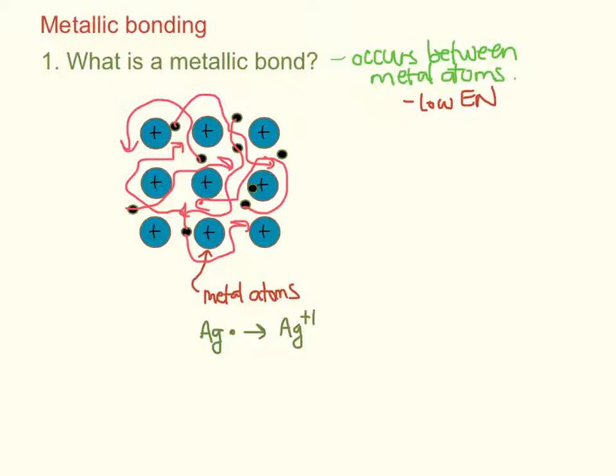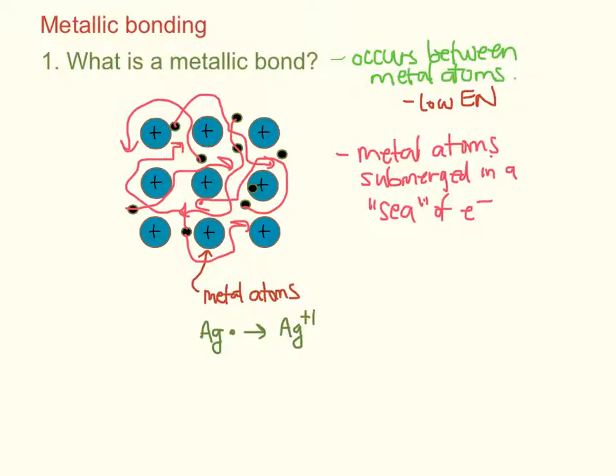So metallic bonds are often described as metal atoms submerged in a sea of electrons. All that means is that you've got a bunch of metal ions whose electrons are no longer associated with just one, and those electrons are free to roam in the spaces between the metal atoms.